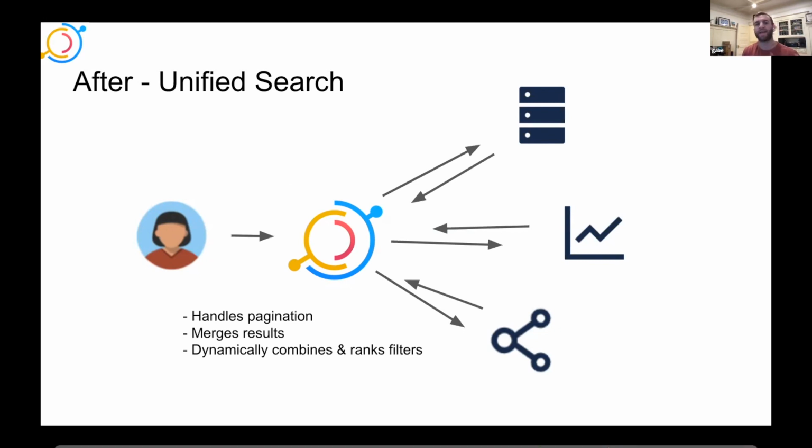DataHub provides a default filter ranking, but you can also choose which filters are important to you and your users and rank those top. Then it returns this consolidated, condensed result back to users so that they can filter as they wish and choose the filters that are important to them.